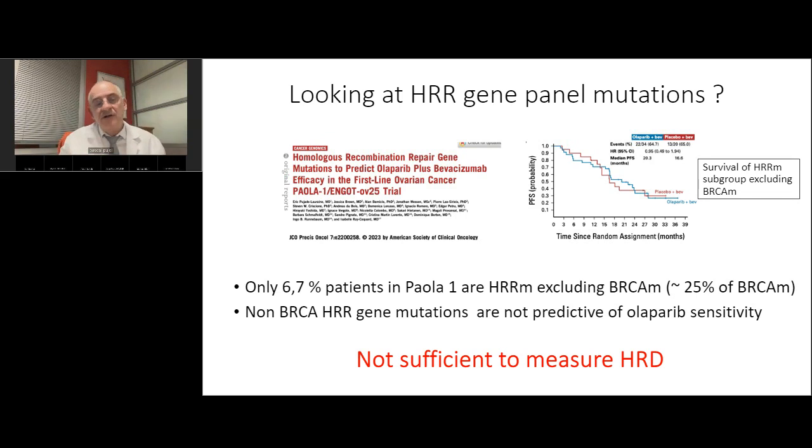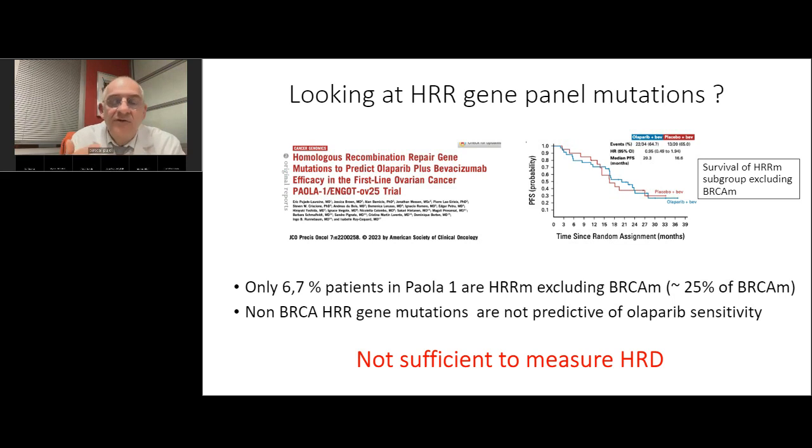This is a result of a study of my friend and colleague Eric Pujol that was published 3 weeks ago, and that shows that the mutation of these genes was not sufficient to predict PARP inhibitor sensitivity.